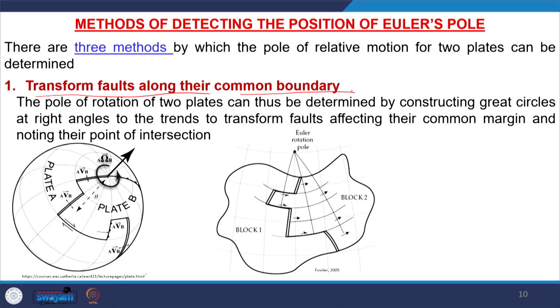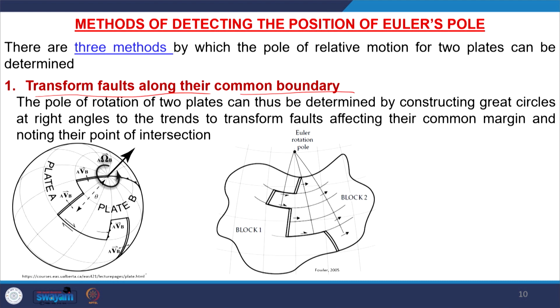It is very easy to determine the position of the Euler's pole, and three methods are used. The first and foremost, and the most reliable method, is the transform fault along the common boundary. We will discuss transform faults in detail in future classes, but at this stage I can say these transform faults are very common across the mid-oceanic ridge system.